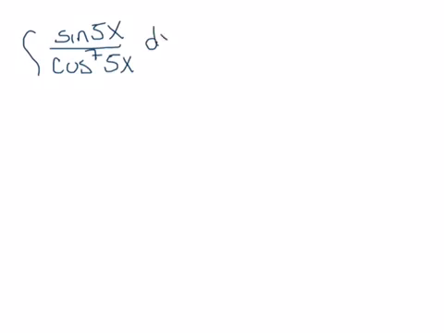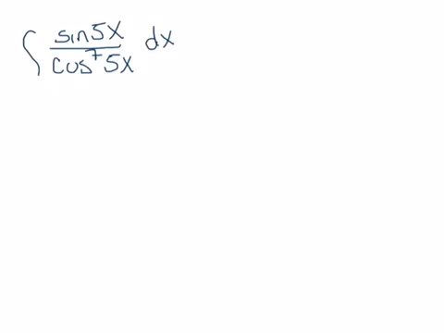Okay, next example. Let's take the integral of sine of 5x divided by cosine to the 7th of 5x dx. Remember, first thing to do is to look for your innermost function, your inside function.